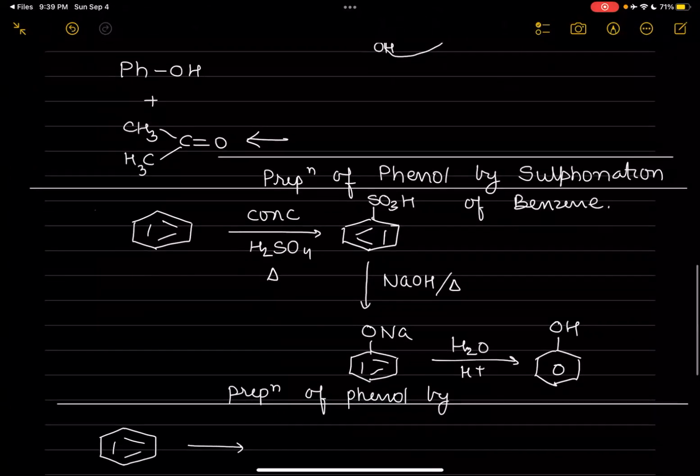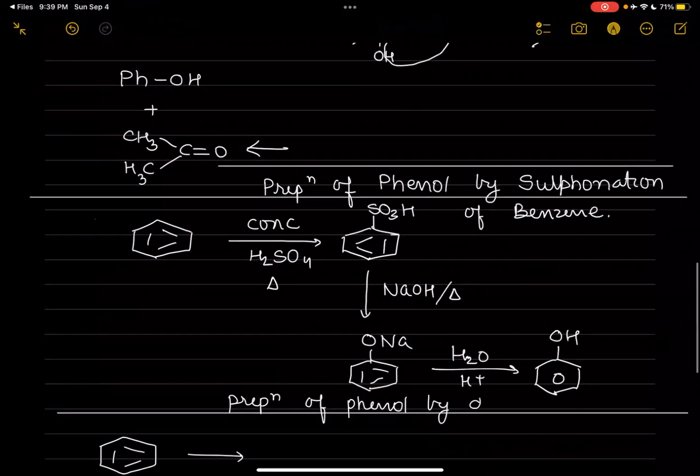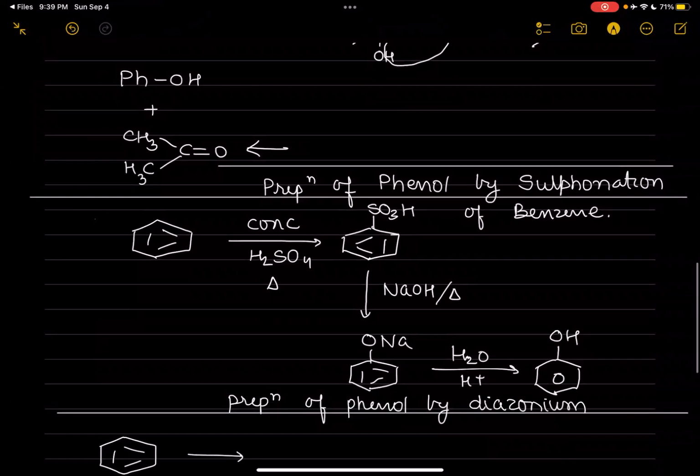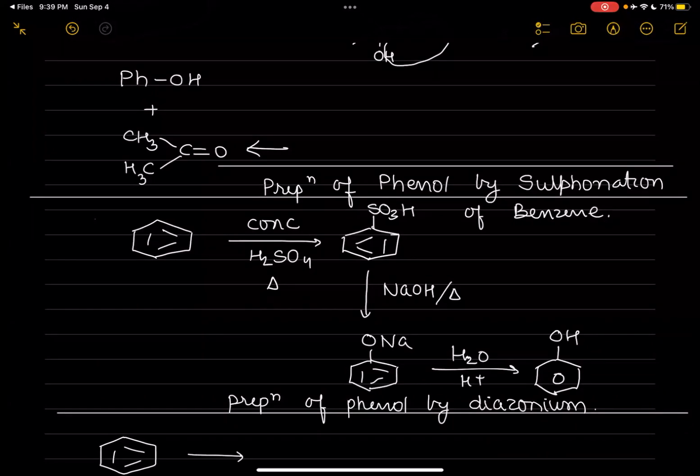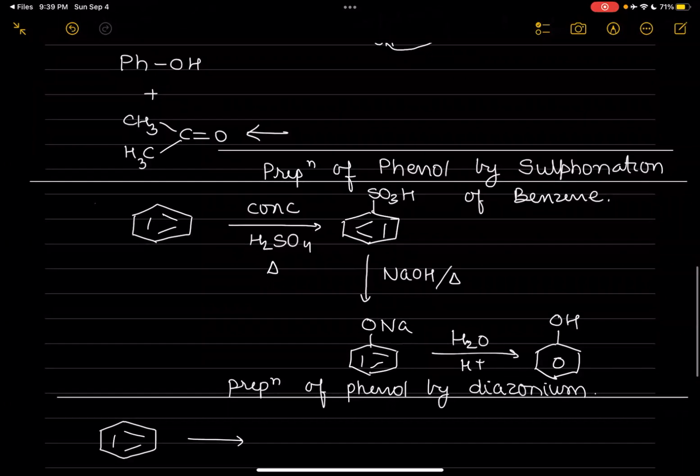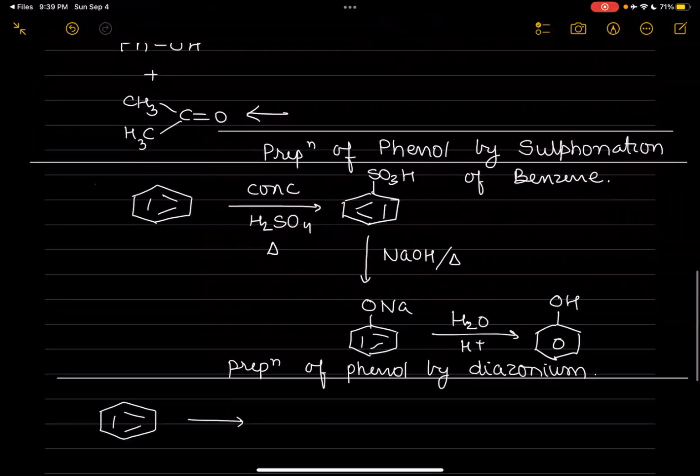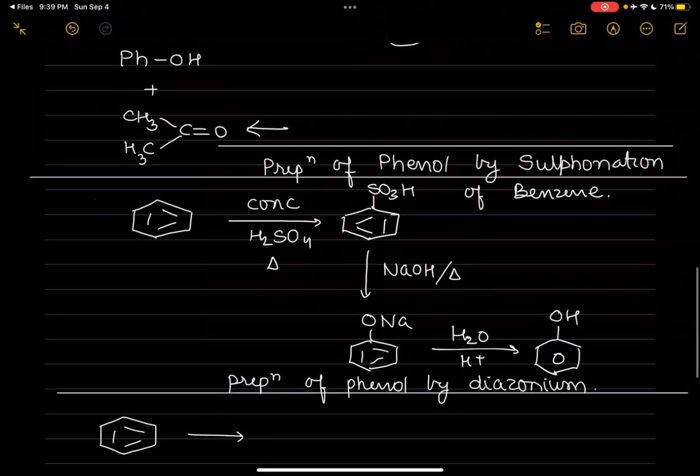So how do you prepare diazonium salt? That you can tell me first. How can you prepare diazonium salt? I hope you have noted it down.